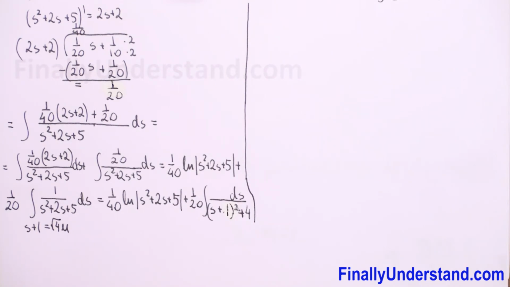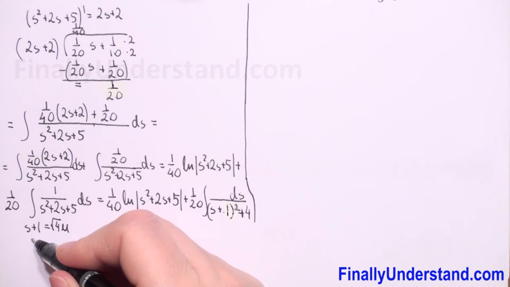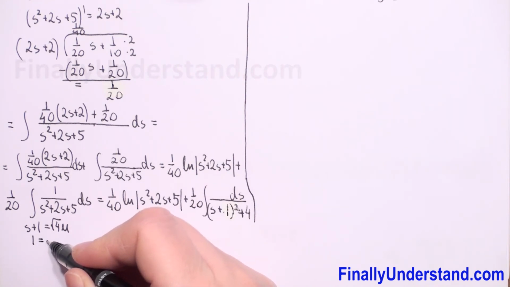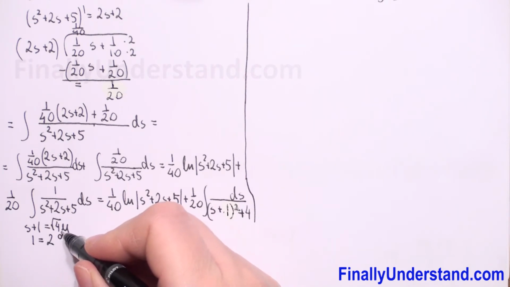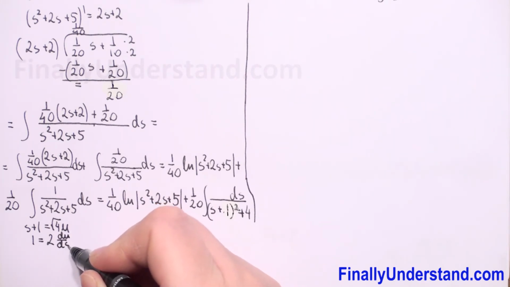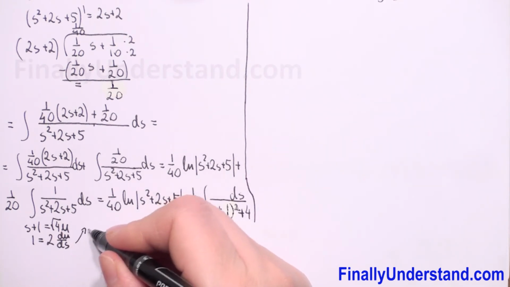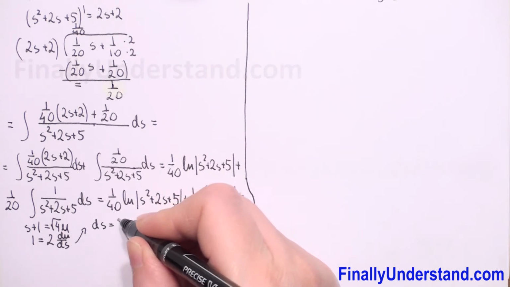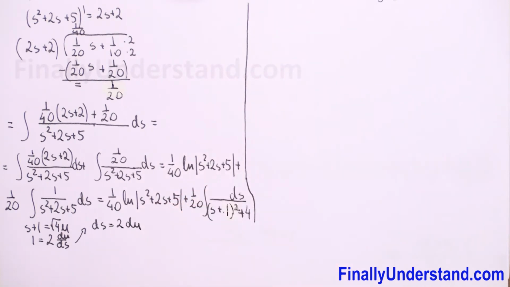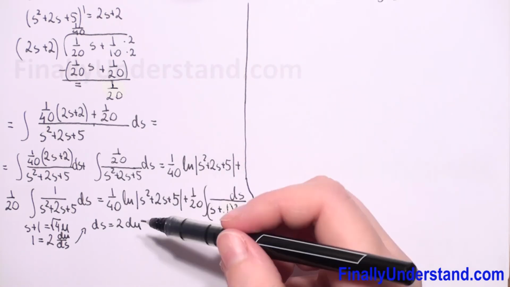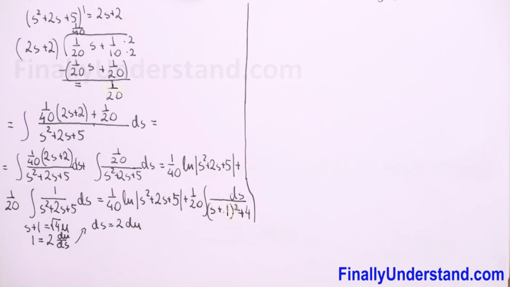Now we have to find the derivative of both sides of our equation, so we have that 1 is equal to square root of 4, which is 2, du to ds. Now we multiply both sides by ds, so we have that ds is equal to du, and we can rewrite the first expression.